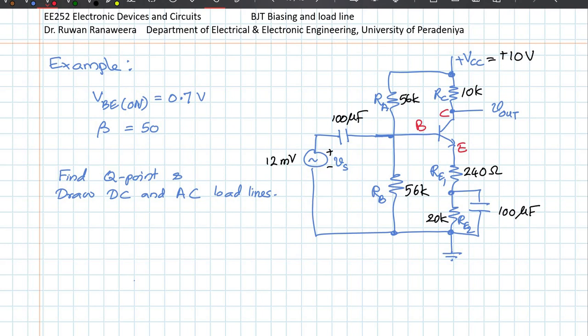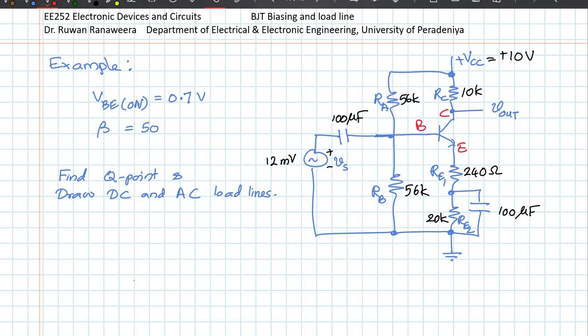You have the RC connected to the VCC, and RC is connected to the collector of the NPN transistor, and the signal is fed through the base, and the output is taken from the collector, right?